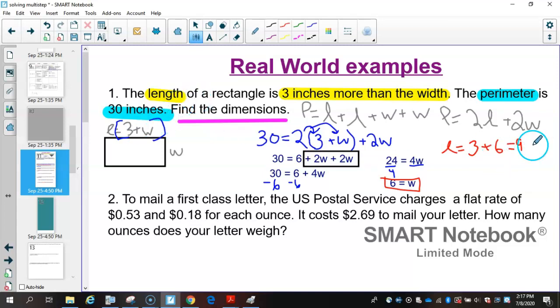And I forgot my labels, so this should be 9 inches, 6 inches.